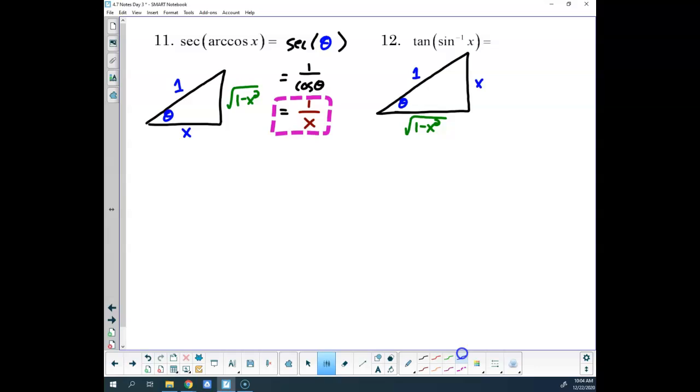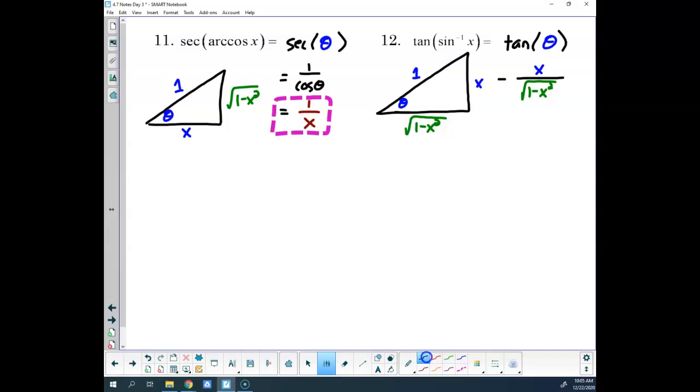So I want the tangent of theta. Tangent of theta is going to be the opposite over the adjacent. So the opposite side is x, and the adjacent side is the square root of 1 minus x squared.